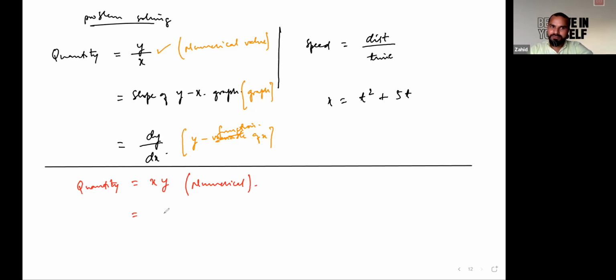Next, if they have given you a graph, this is nothing but the product of two different quantities, and the product of any two different coordinates gives you the area of that graph. So from this graph, try to obtain the area under the XY curve to obtain this point.